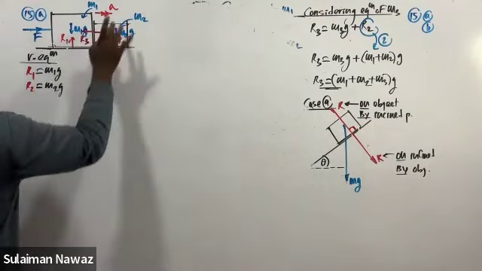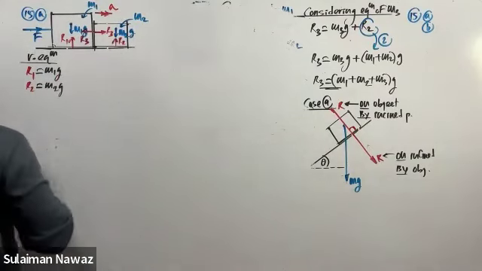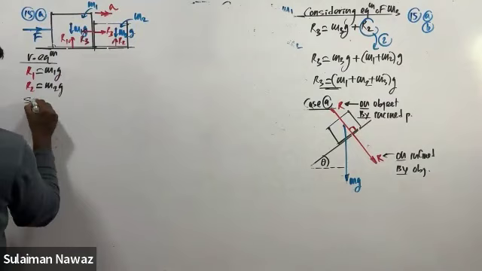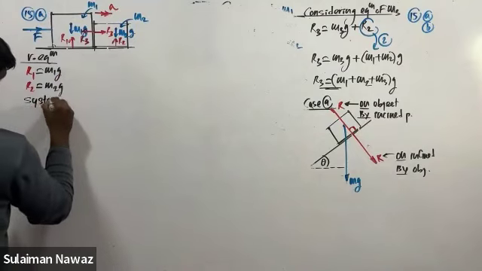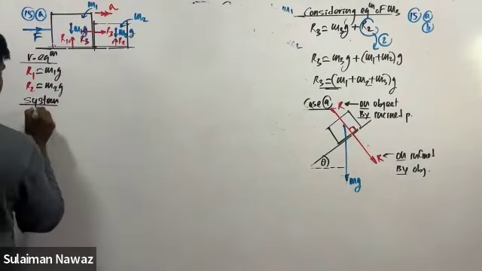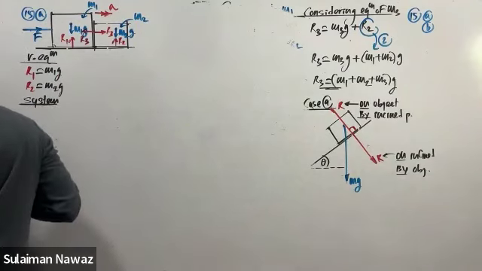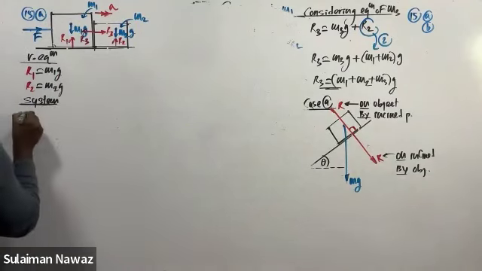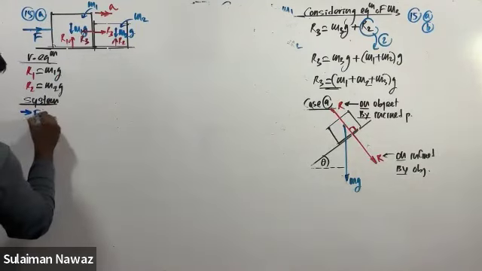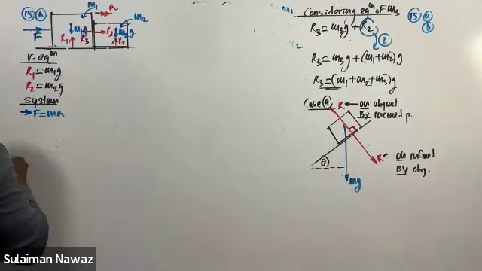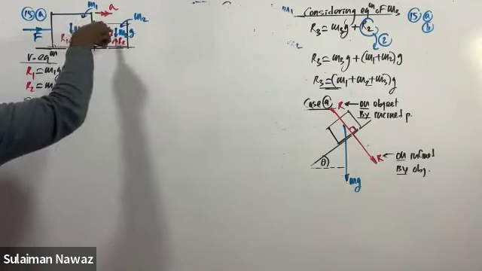Then acceleration, entire system: F equals ma, in the direction of motion. Then R3 cancels out.